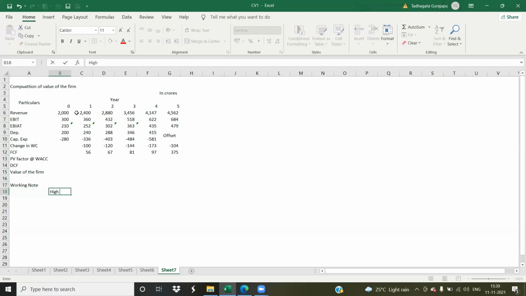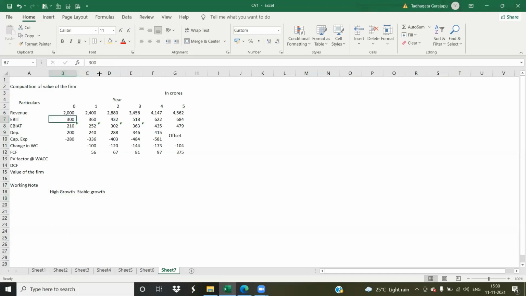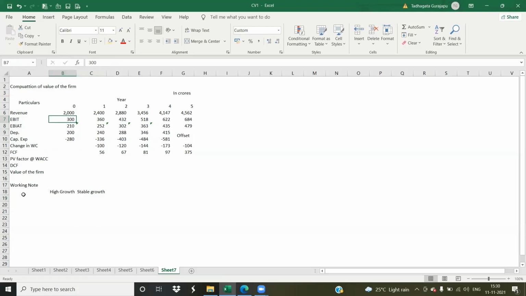So during the high growth period and the stable growth period, right? Okay. So here it is cost of equity.